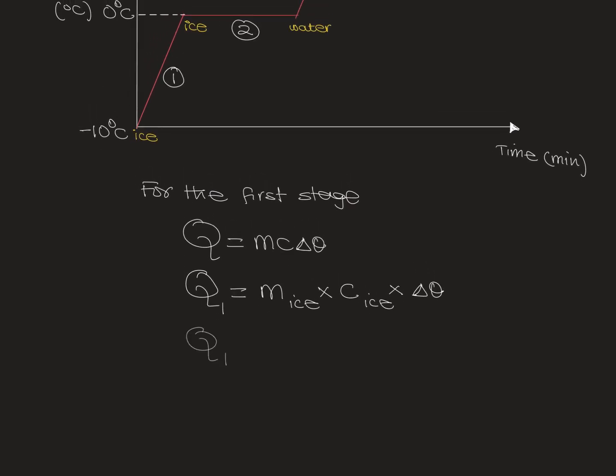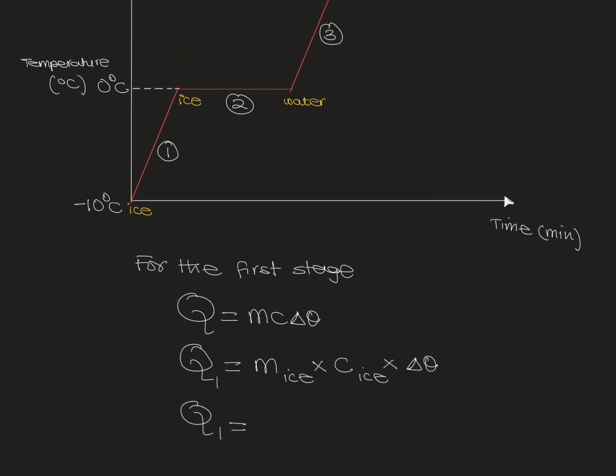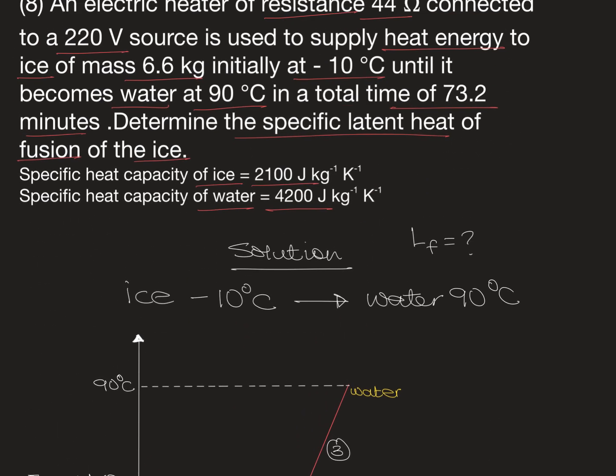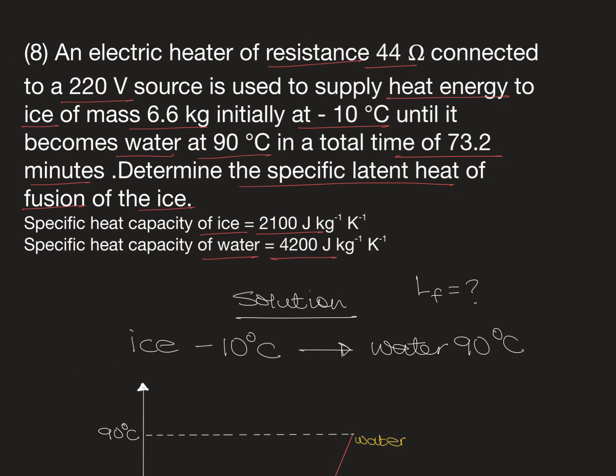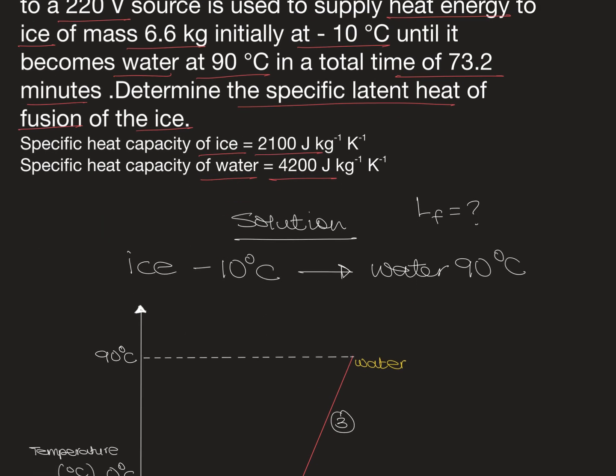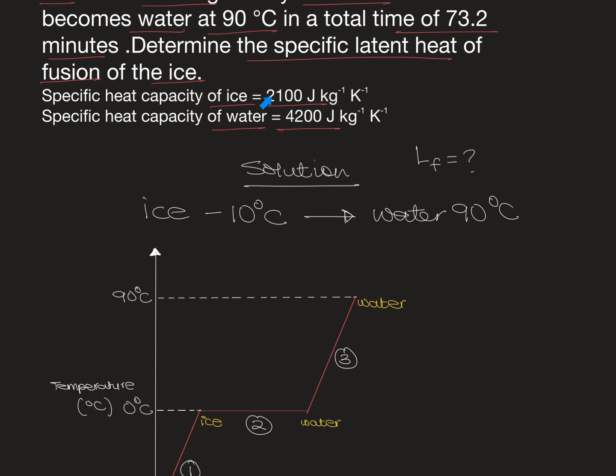So Q1 is equal to the mass of the ice given in the question, which is 6.6 kilograms. The specific heat capacity of the ice is 2100 joules per kilogram per Kelvin.